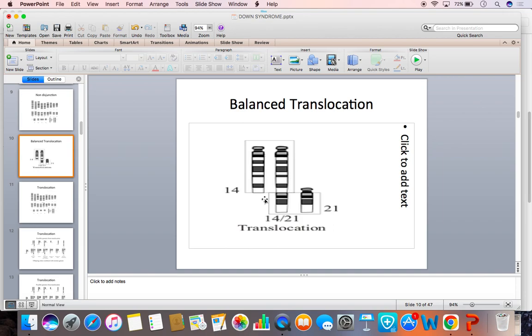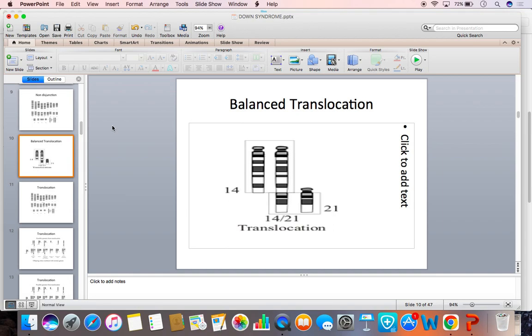Okay. And this individual has got a normal quantity of genetic material with respect to 21 chromosome, but the number of chromosomes is 45 instead of 46.